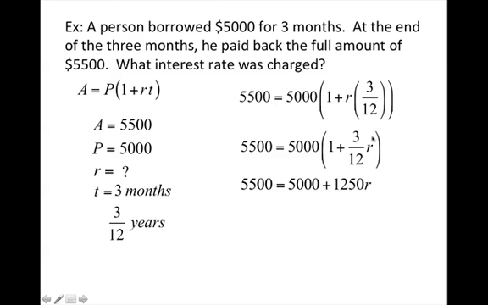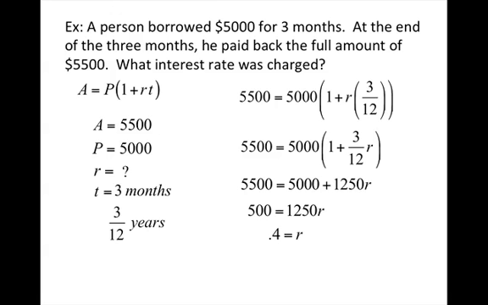You can say 5,000 times 3/12 to get the 1,250. Now to solve this equation for r, we first subtract 5,000 from each side. So we get 500 equals 1,250 r. Now if we divide each side by 1,250, we get that 0.4 equals r.